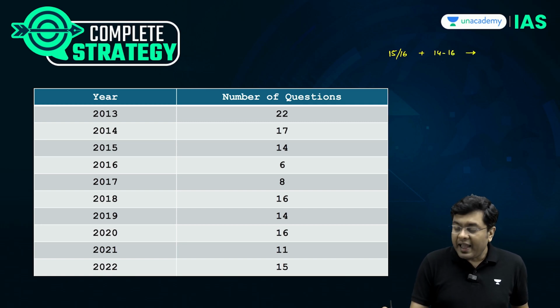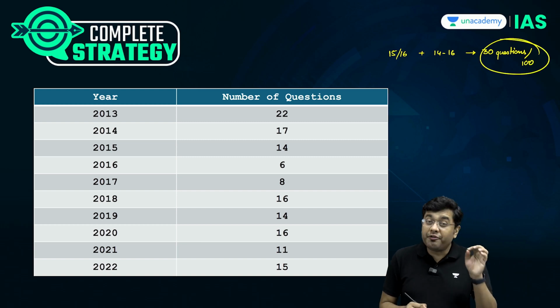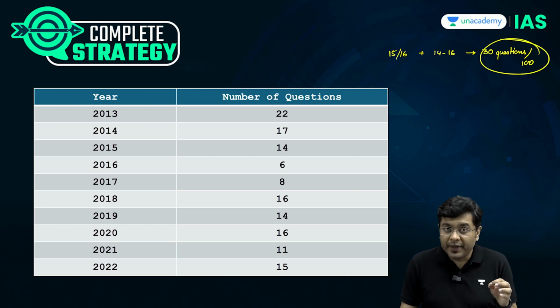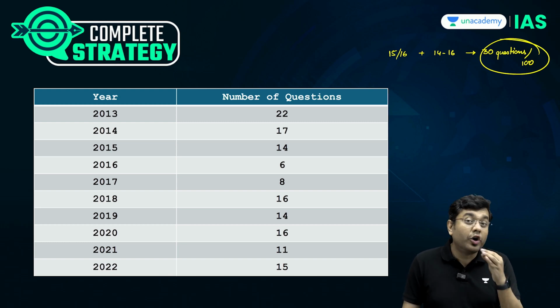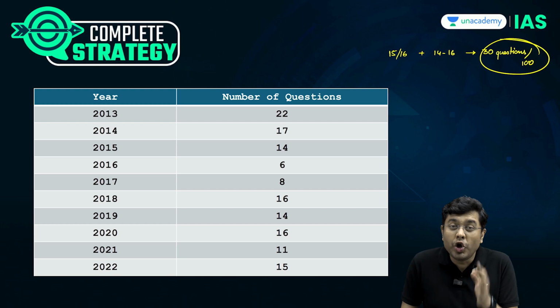So overall, every year in the prelims, you get roughly around 30 questions. 30 questions out of 100 is the weightage of geography and environment alone. That makes it the most relevant area in your preparation, which you cannot afford to ignore.